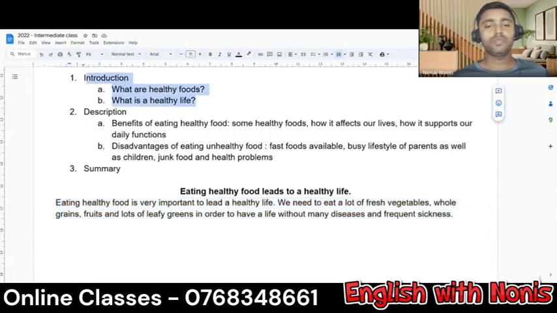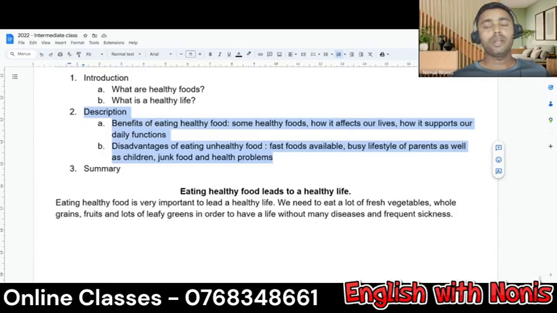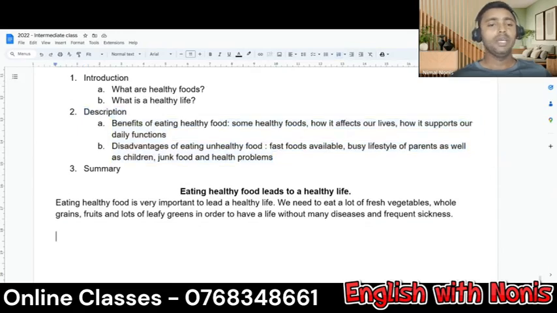Then for the description we can use somewhere around 120 to 140 words. If it is 140 plus 40, it will be 180. For the summary, we can use another 20. So we are coming to the description part, which in our sketch says benefits of eating healthy food.